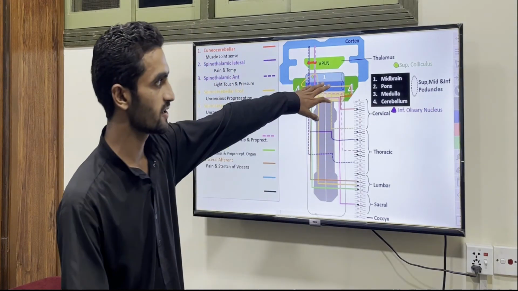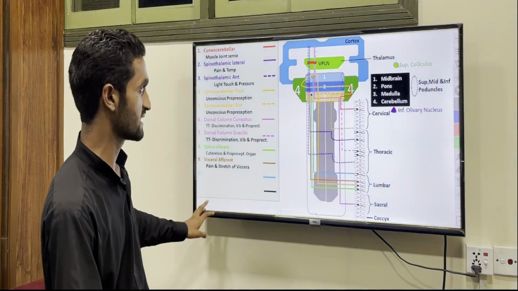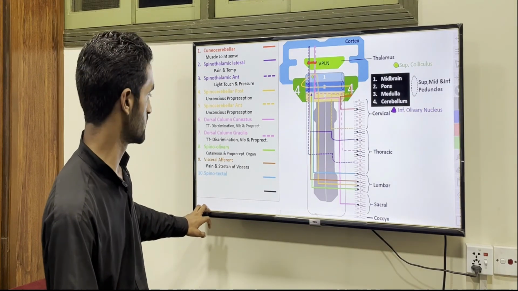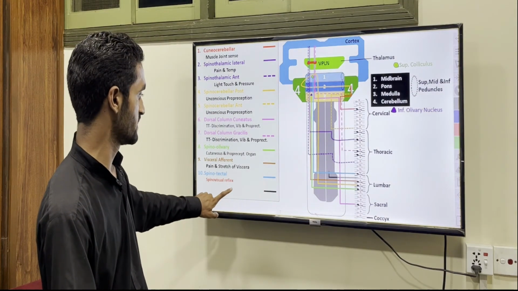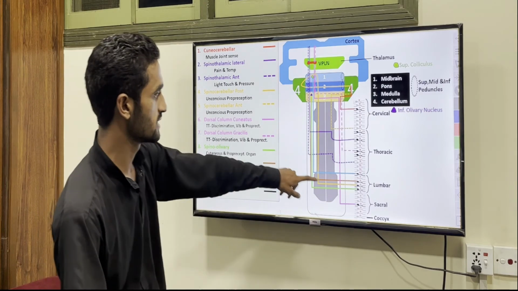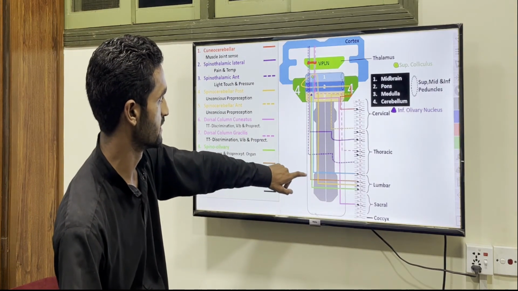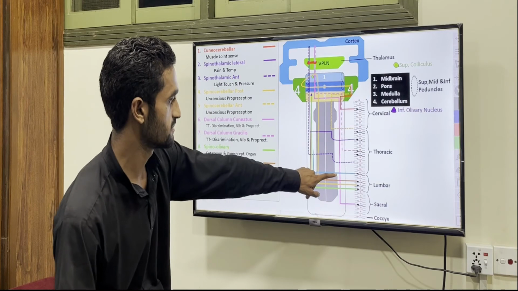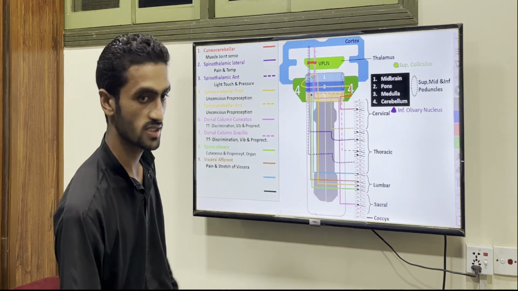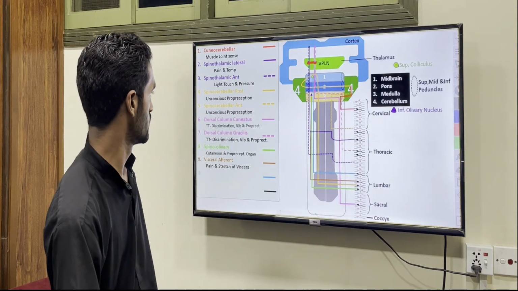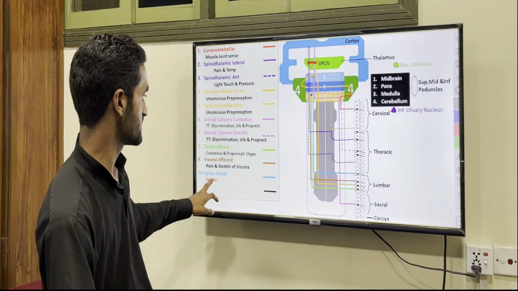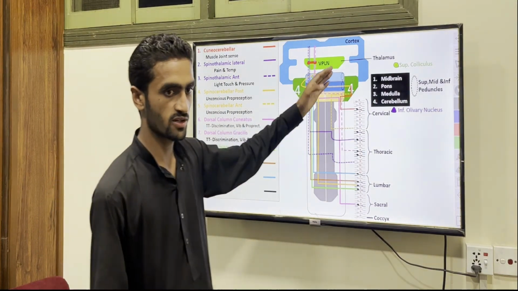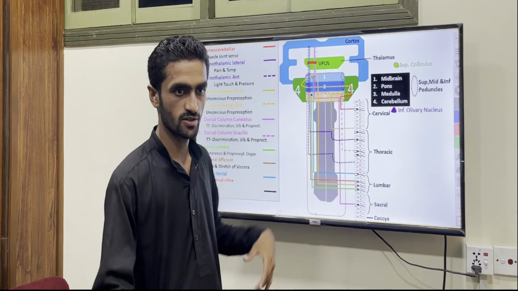So the superior colliculus is actually taking sensation from your visual pathways, spino-visual reflexes. Can you follow this pathway? This color, follow this pathway. This is your spino-visual pathway. This is spinotectal, because it goes to the tectum of your midbrain.